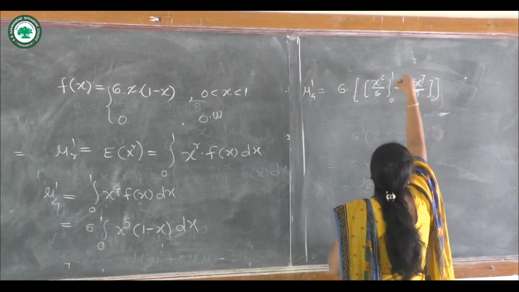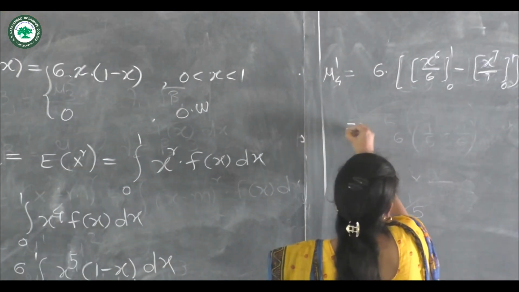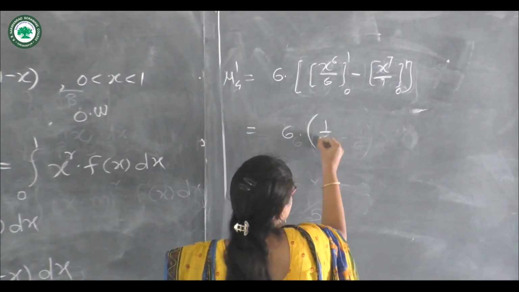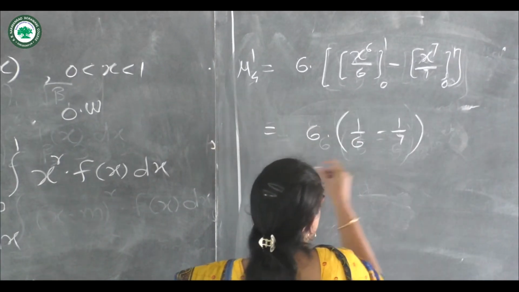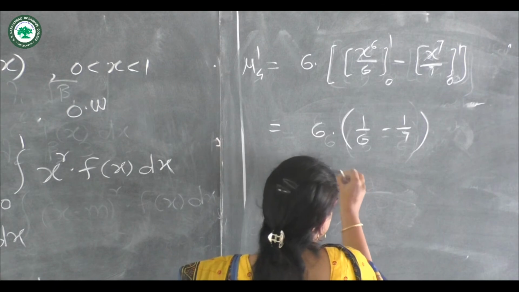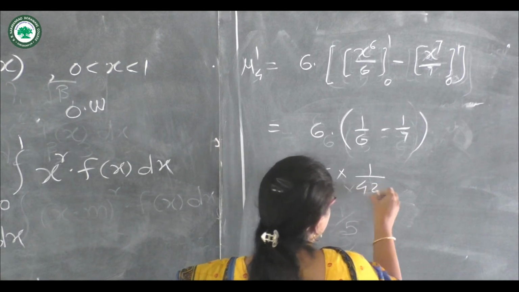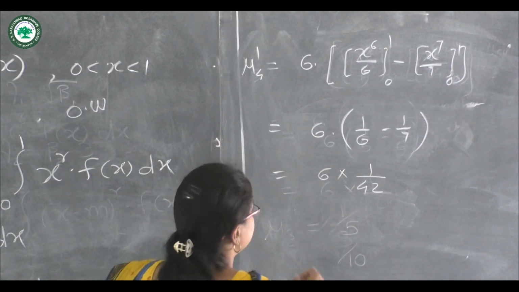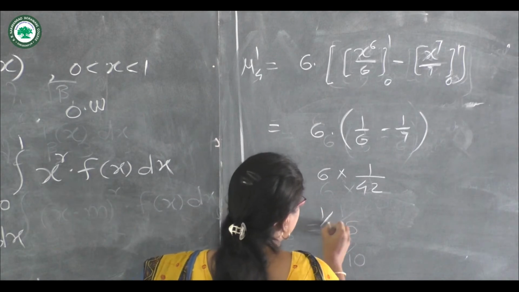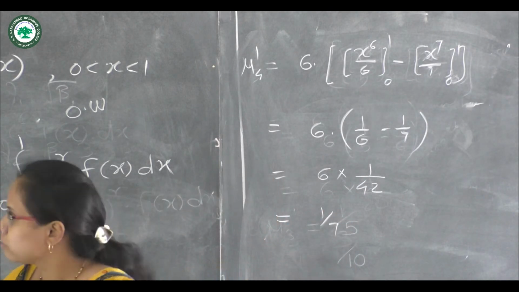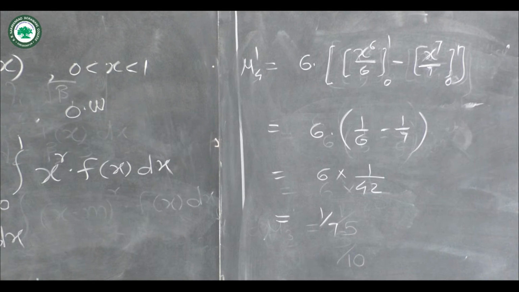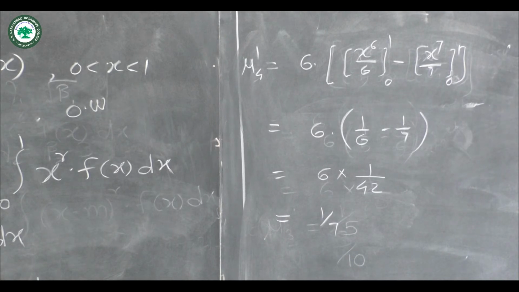Here we can put the upper limit and lower limit. We will get 6 into 1 upon 6 minus 1 upon 7, which is 6 into 1 upon 42. So the answer is 1 upon 7. Here mu 4 dash is 1 upon 7.